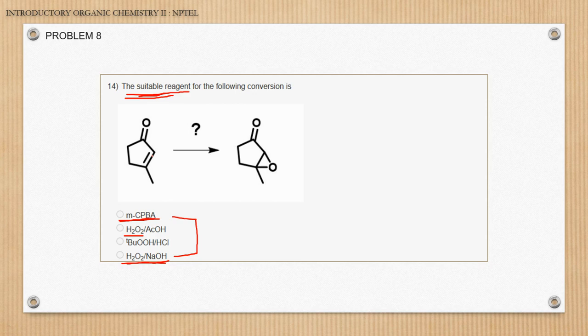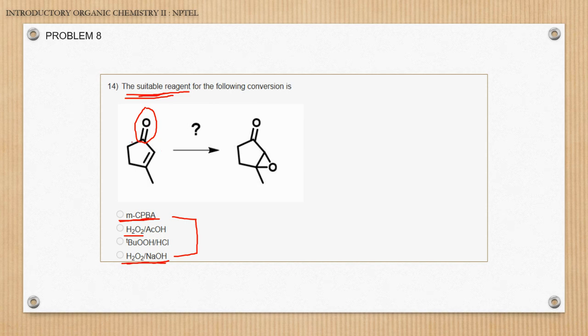Electron rich. Okay. So if you are saying it is electron rich, then you are not considering this carbonyl group here. If this carbonyl is not there, then you can say yes, it is somewhat electron rich.